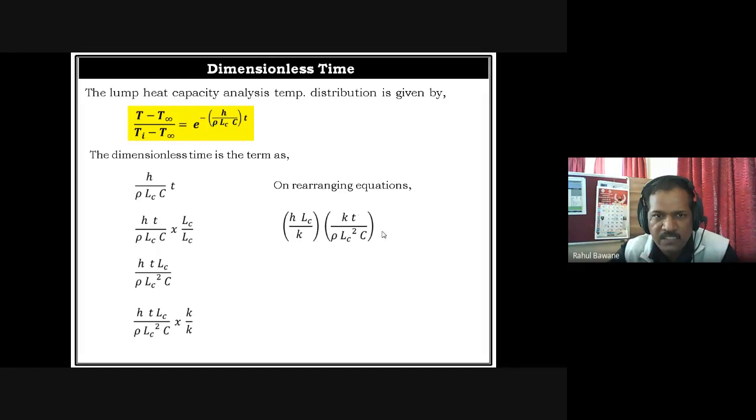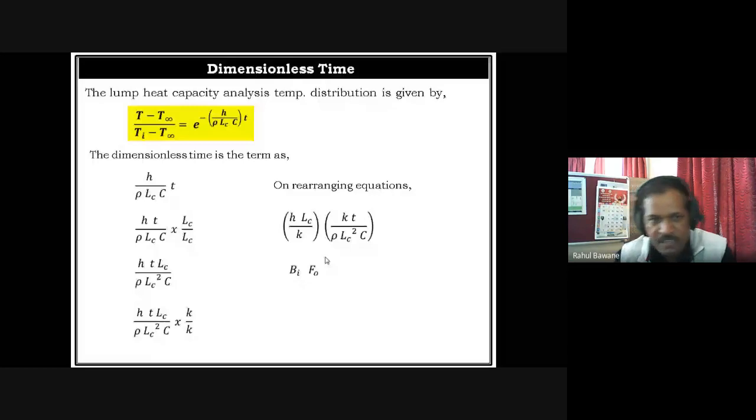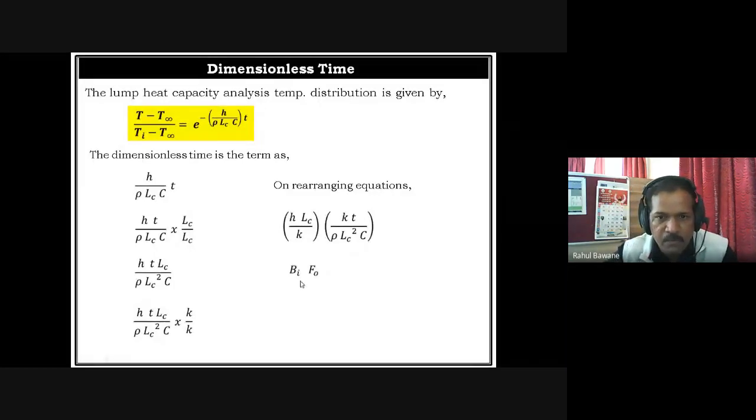The second bracket is nothing but the Fourier number. So we can replace this whole term, h upon rho Lc C into t, by Biot number and Fourier number, because many times they don't provide data regarding all these parameters. They provide the Biot number and Fourier number directly. So we can replace this power term by Biot number and Fourier number.